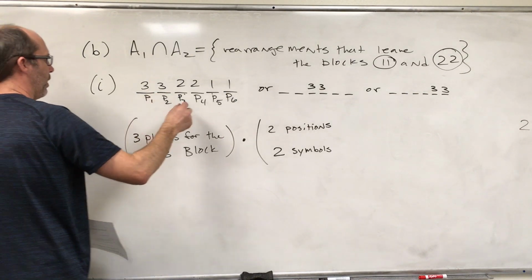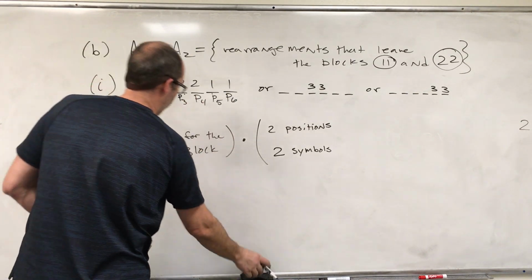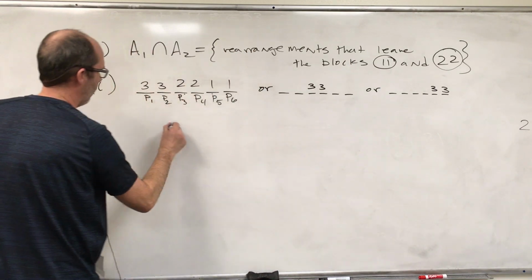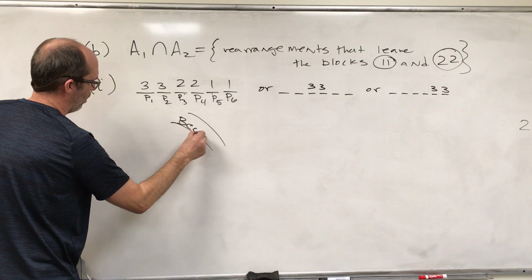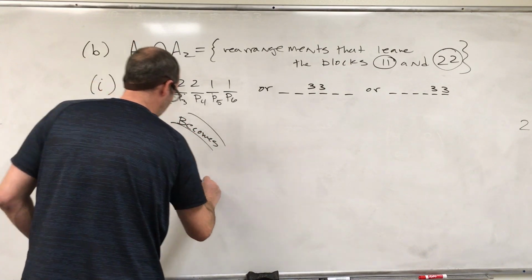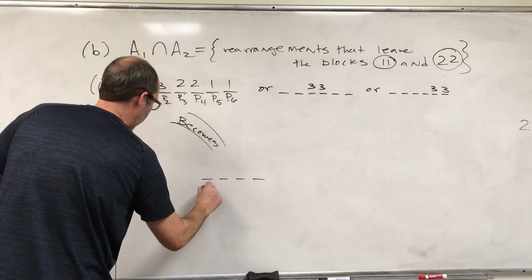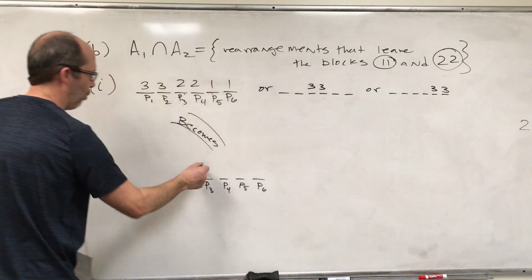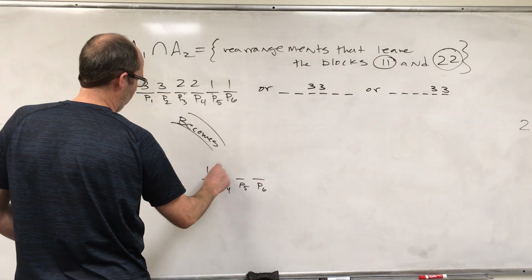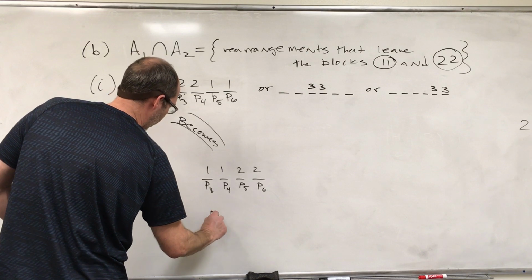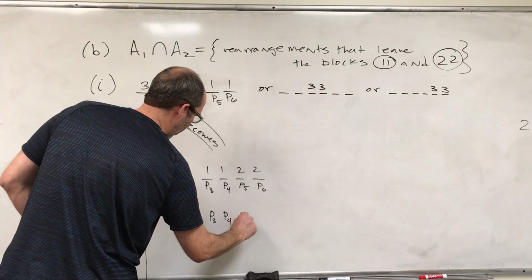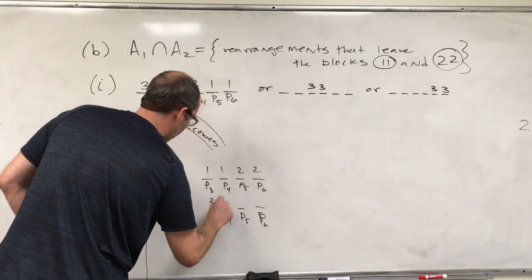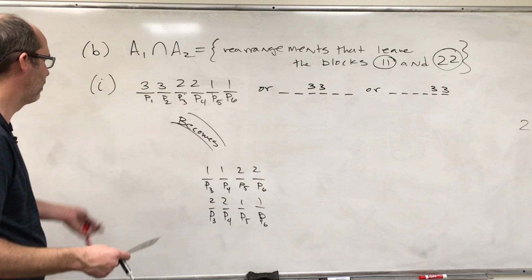Once we choose those, the problem becomes P3, P4, P5, P6, but we want to put 1, 1, 2, 2, or P3, P4, P5, P6, 2, 2, 1, 1.